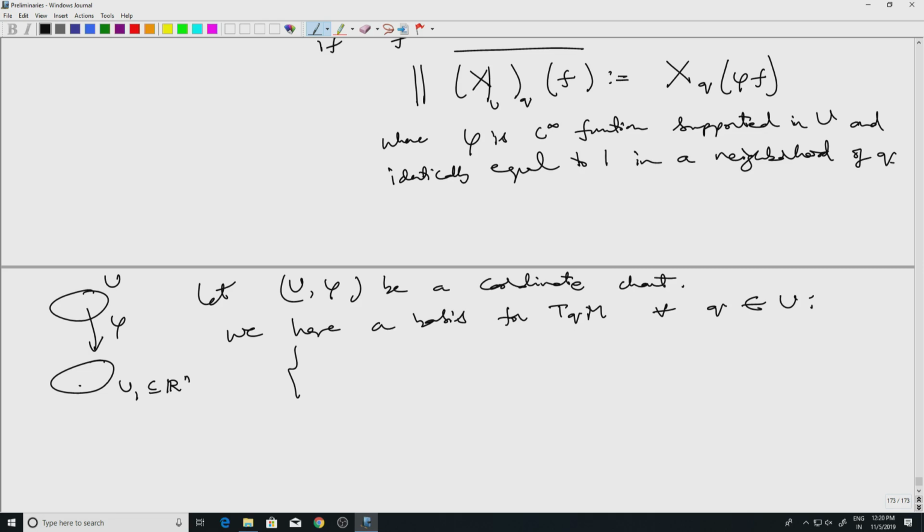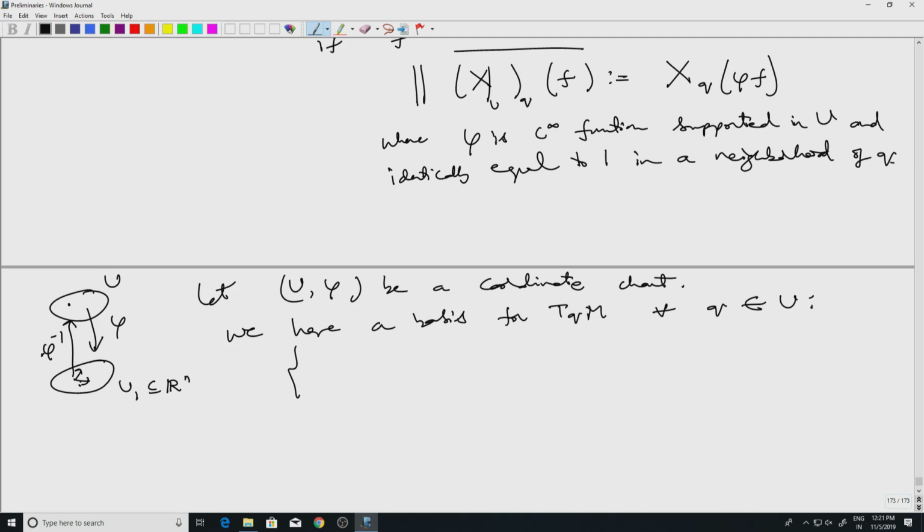Since phi is a diffeomorphism, the derivative of phi is a linear isomorphism. So I can use the derivative to transfer this basis. Actually, I'll have to go in the opposite direction. Phi inverse will be from here to here. So at each point I have a basis, and I use the derivative to push this basis to a basis of the corresponding point in the tangent space.